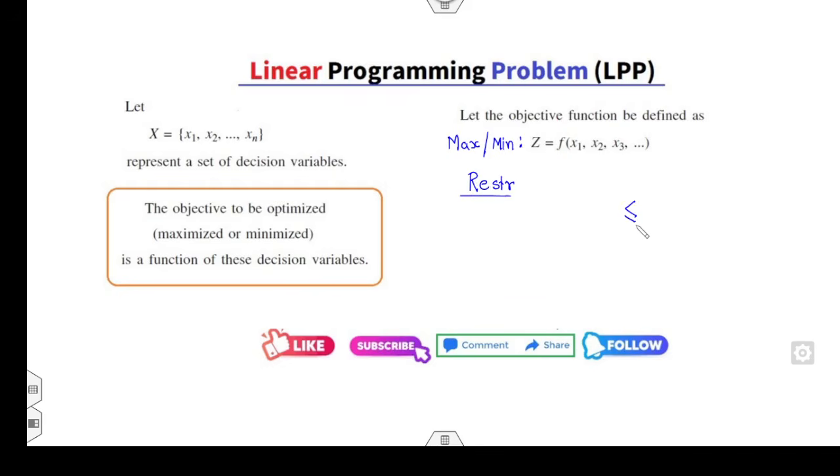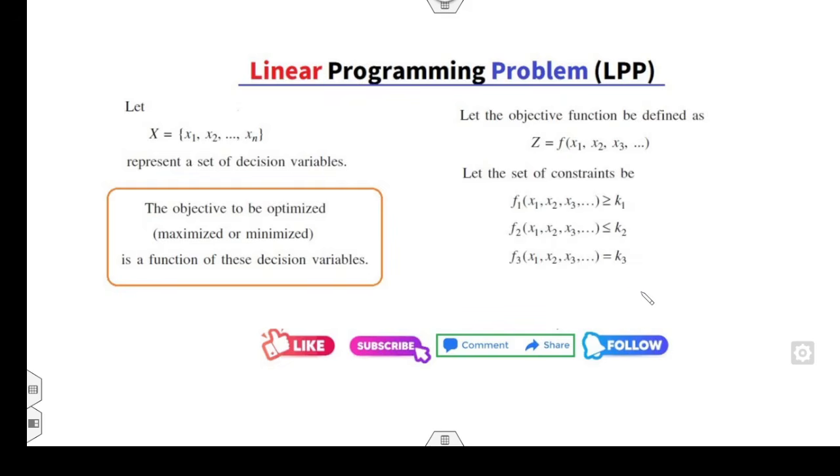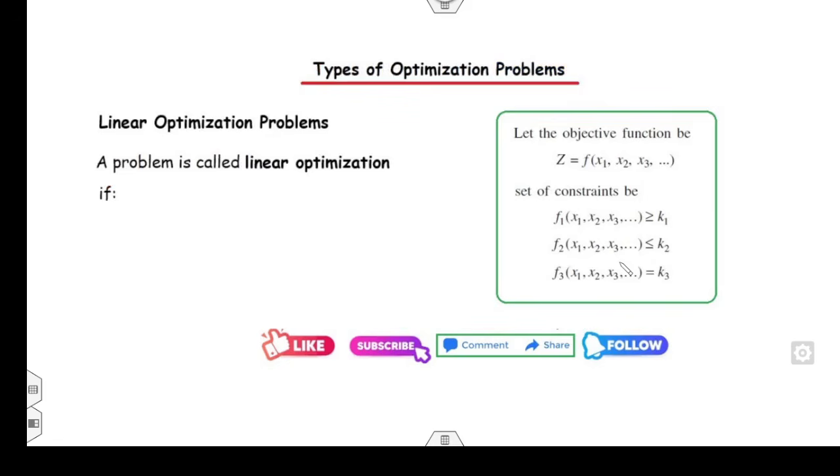A restriction may have a less than sign, an equal to sign, or a greater than sign. So I call them f1, f2, and f3. These are functions of my decision variables, and each has a greater than, less than, or equality sign. So for example, this is the complete optimization problem, my general optimization model: maximize or minimize subject to the constraints.